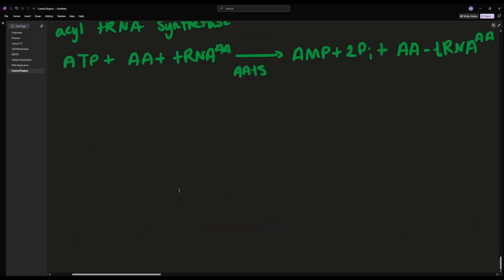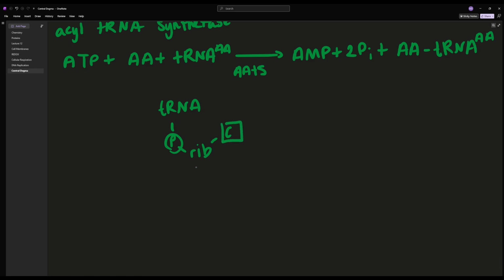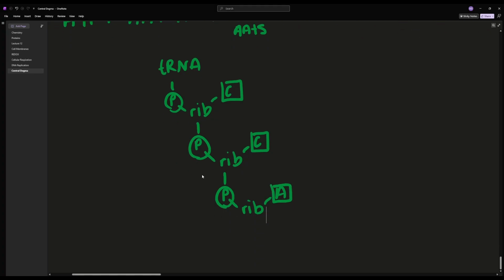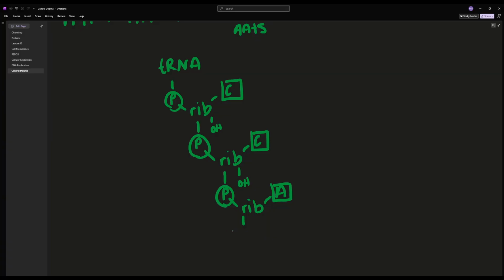If we were to draw the very end of our tRNA, we have a cytosine, and then an adenosine, or an adenine, and then we also have our 2' OHs, which is good to draw in. And then over here, we're going to have our 3' and our 2' OHs.